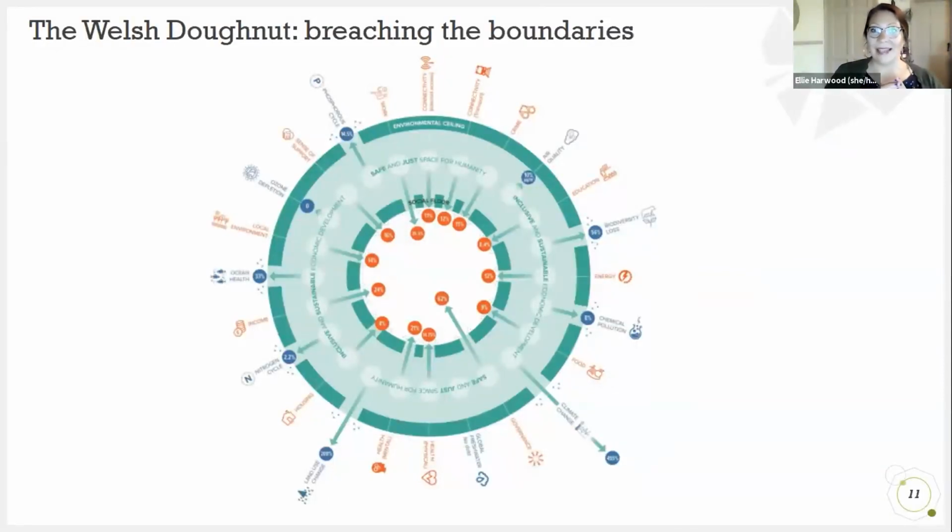And then on the outer rim, these are the environmental limits. So it's showing Wales's share, if you like, of emissions, things like air quality, diversity loss. We're really not doing very well there either. Twin challenge that we have of ensuring that everyone can have a minimum standard of living whilst living within our limits.